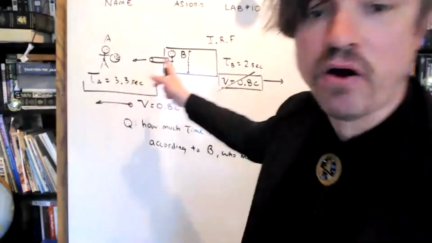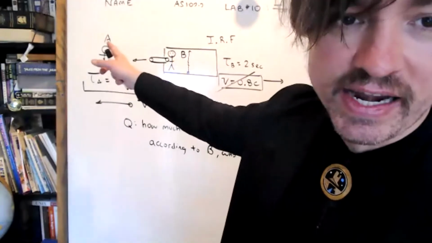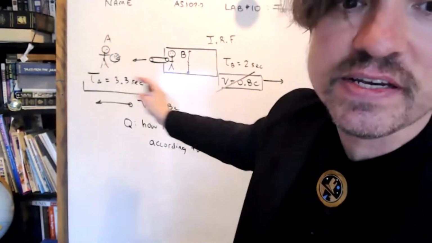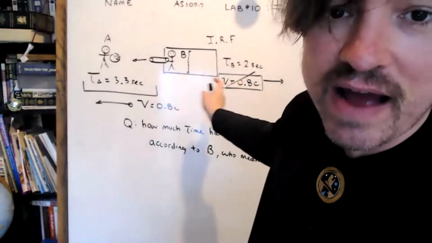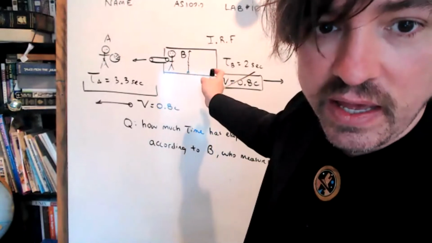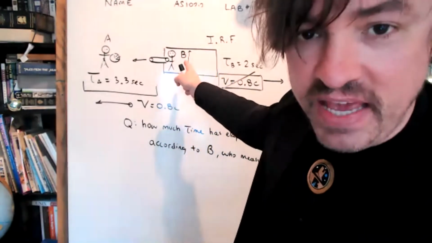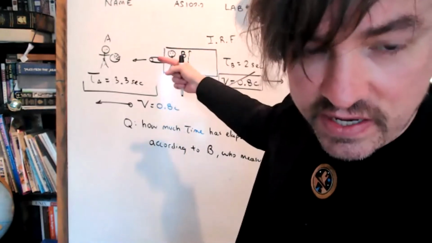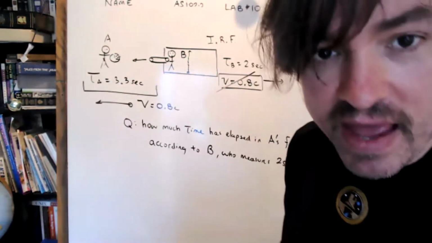Up to now, our whole derivation has been predicated on the concept that A is the observer at rest and B is the observer traveling in a moving car. Now we have B considering themselves to be at rest and A to be moving away from them.